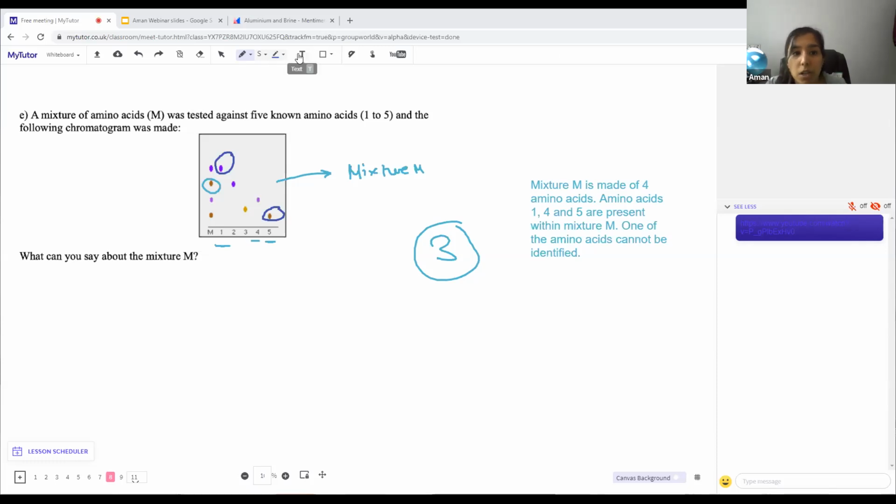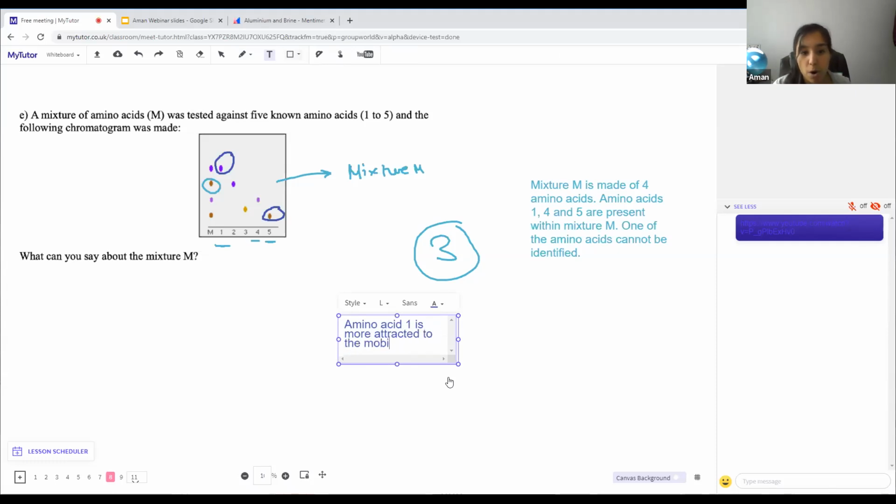So the answer to the attraction question then is amino acid 1 is more attracted to the mobile phase, and so moves further up the filter paper, whereas amino acid 5 is less attracted to the mobile phase and more attracted to the stationary phase.